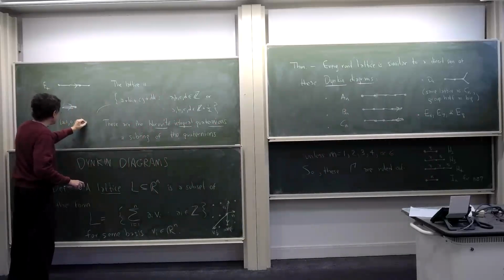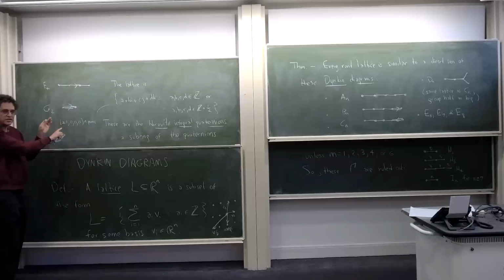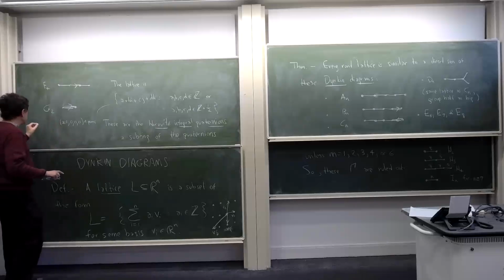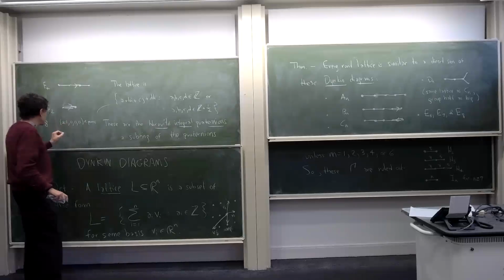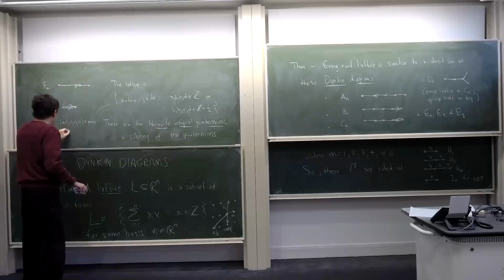So we get these vectors, and the various ways of permuting the 4 indices. So there are 4 places you could put that plus or minus 1. So we get 8 vectors like that that are all of length 1. But then we also get a bunch of vectors like this.